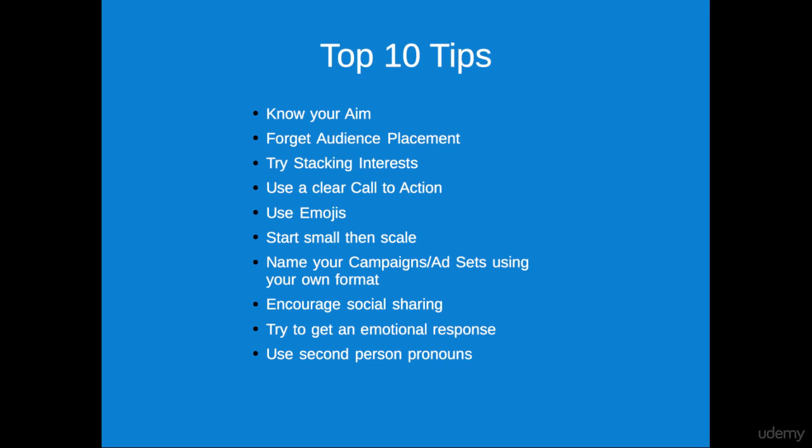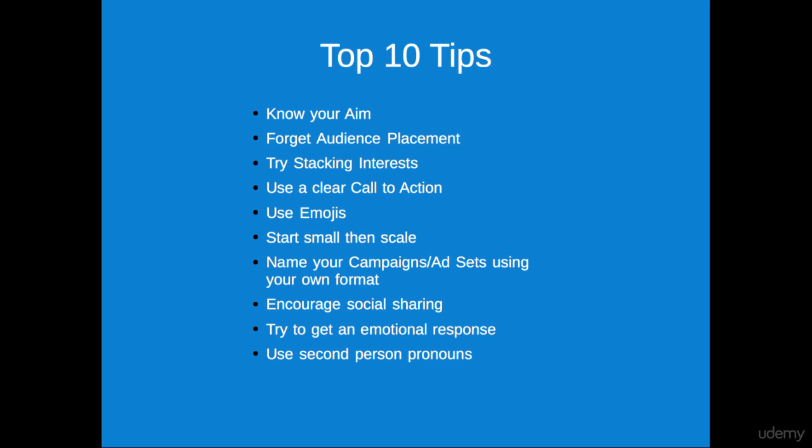So you are basically multiplying your reach per pound spent, or per dollar spent, if you are able to get people to tag other people. If you can get people to share your ad and spread the message, then you're going to be able to reach far more people for far less money.